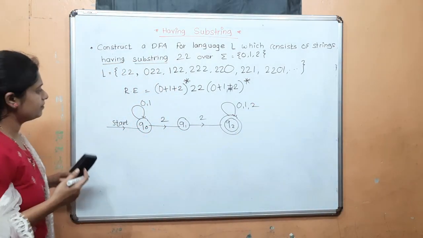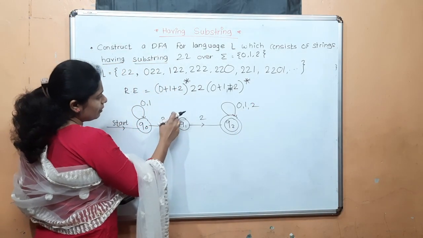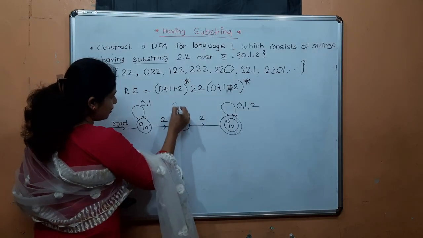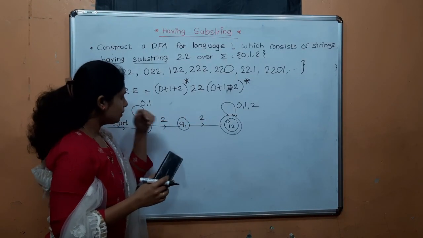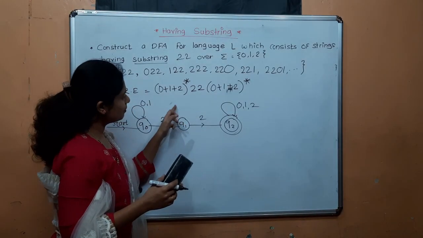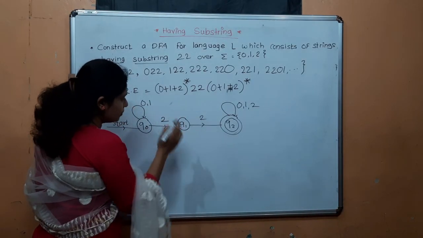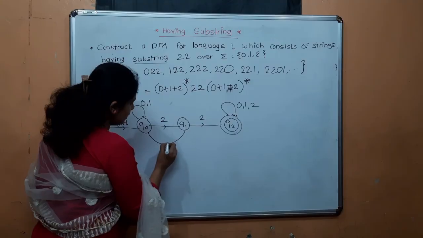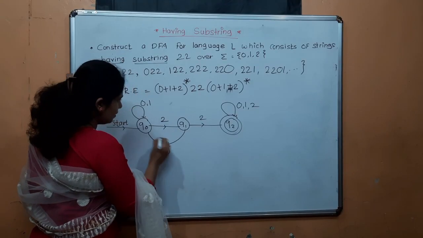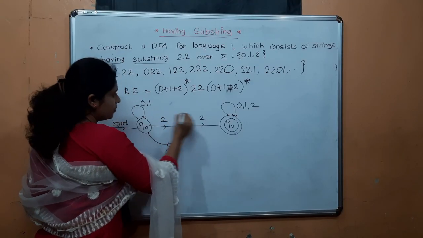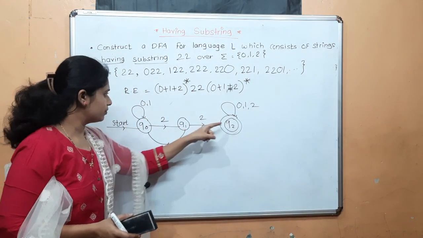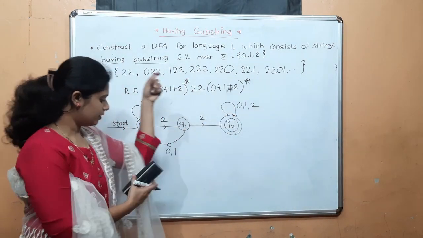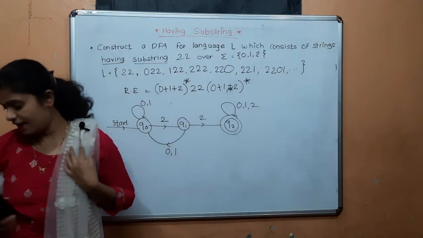After that, if 0 occurs in between these two, we cannot give a self loop because it will become 0 2, or a self loop of 1 because it will become 1 2, which is invalid. So here we can give 0 2 2 or 1 2 2, okay. Q0 0 1 2, Q1 0 1 2, Q2 0 1 2.